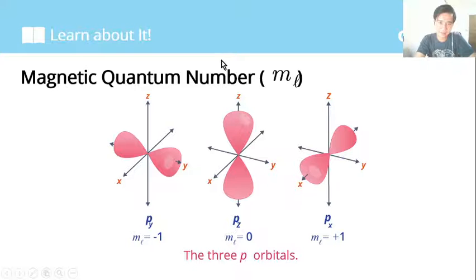So here, you're going to see that in the p orbitals, it's -1, 0, +1. This will be the orientation or the position of the atomic orbital where you can find the electrons. So one orbital is represented by a magnetic quantum number value. For a 3p orbital, the m sub L could be -1, 0, or +1.